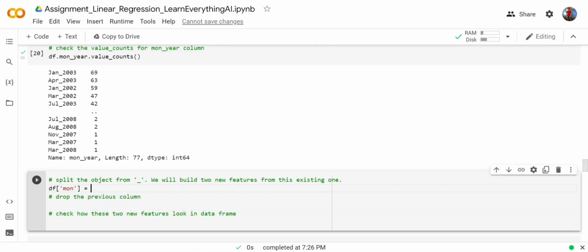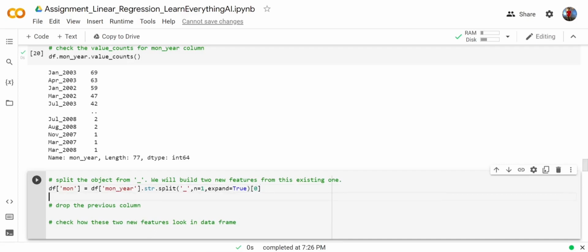So we will define a new column called month, and then we will take this existing column and we'll make another column called year.